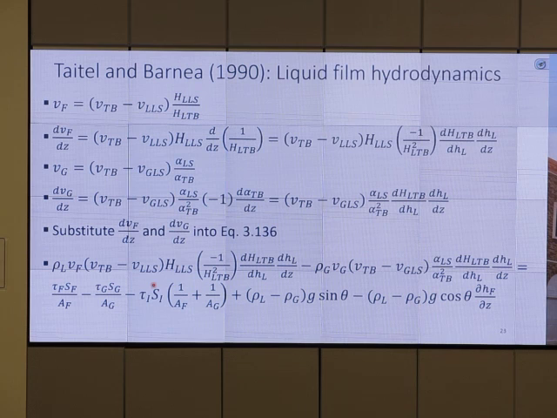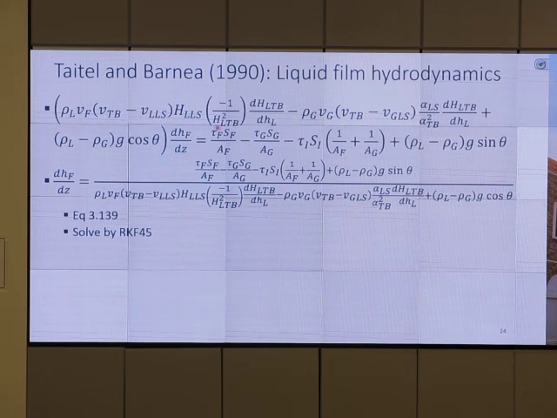We have this equation, some kind of long. Rearrange it more. It becomes like that. Equation 3.139. Good? They don't have X and Y. We have Z. You want X and Y? So this is the film height along the length based on that model.